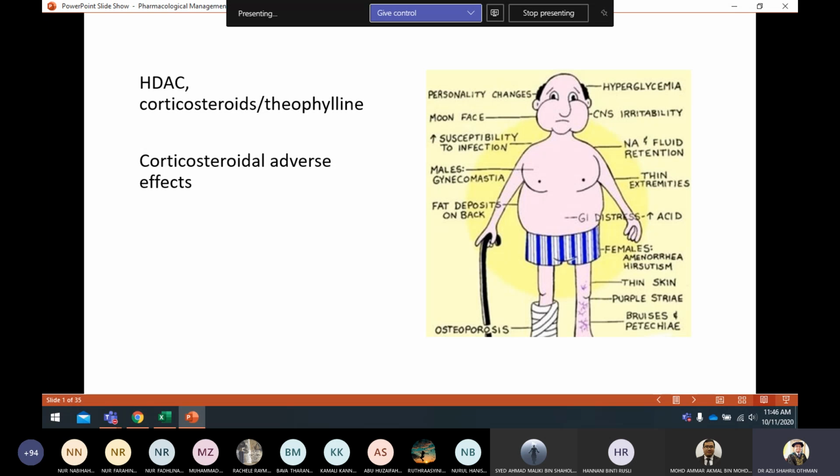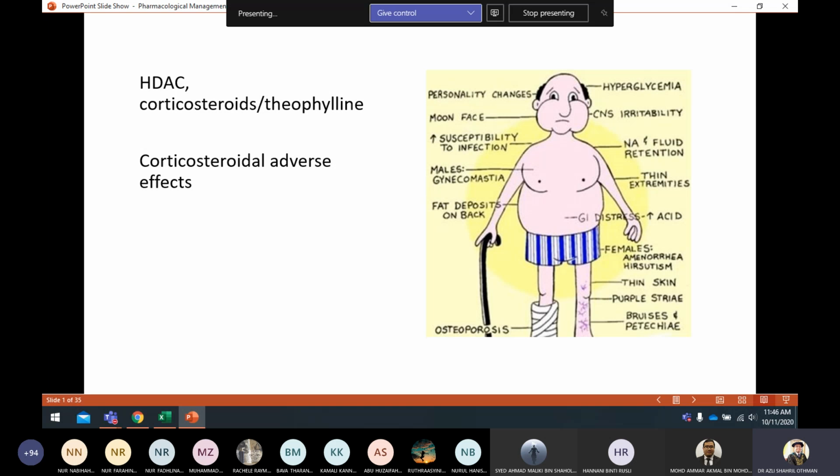For example, fat deposition giving you the moon face appearance or your buffalo hump appearance with steroids. So yes, you do need to know a little bit about the pathophysiology behind that.